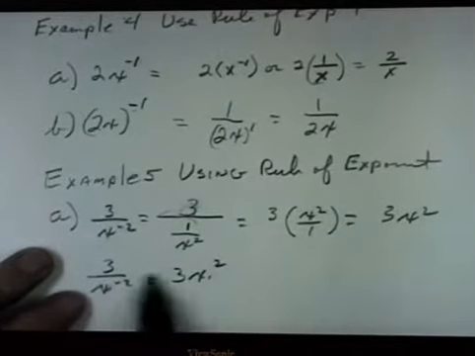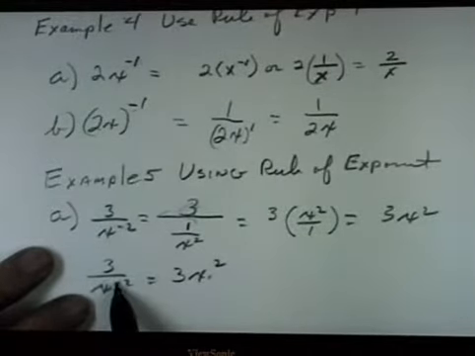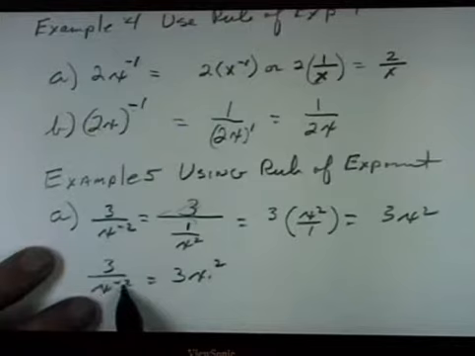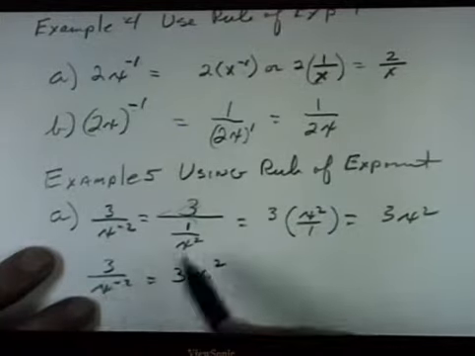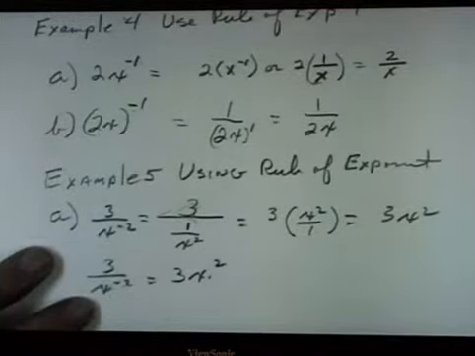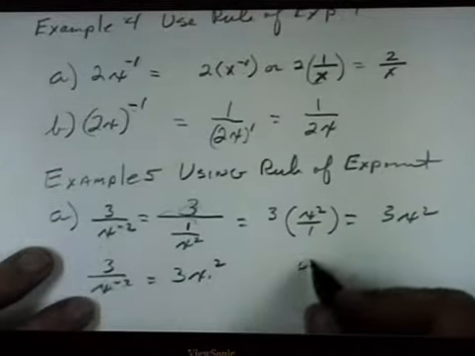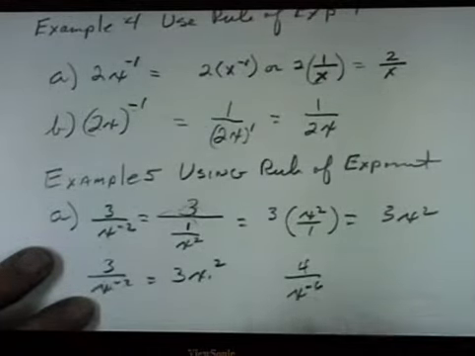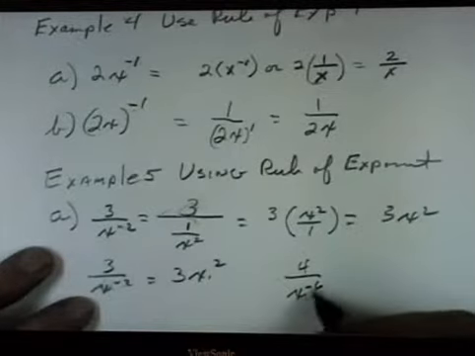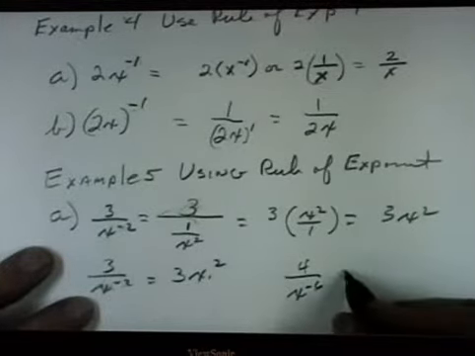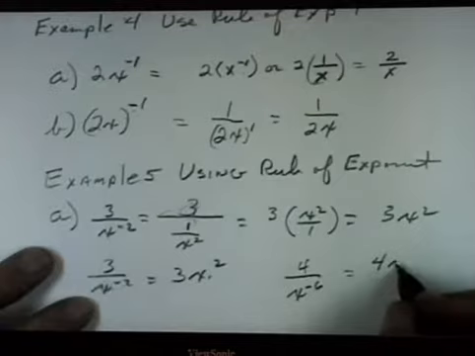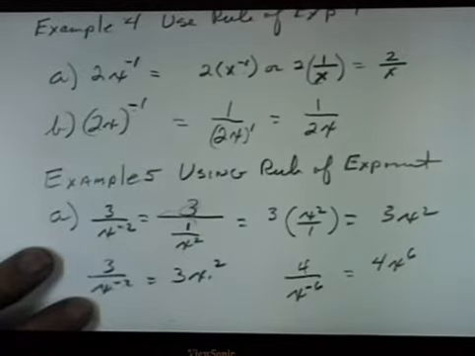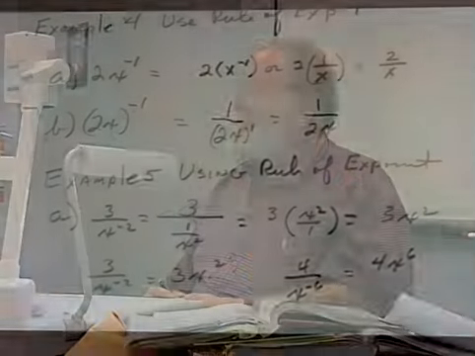But after a while, you'll just realize that if you have a negative 2 in the denominator, you can make it a positive just by bringing it up into the numerator. So if you have 4 over x to the minus 6 power, you can make that a positive integer by just making it 4 times x to the 6th and bringing it up into the numerator. Okay?